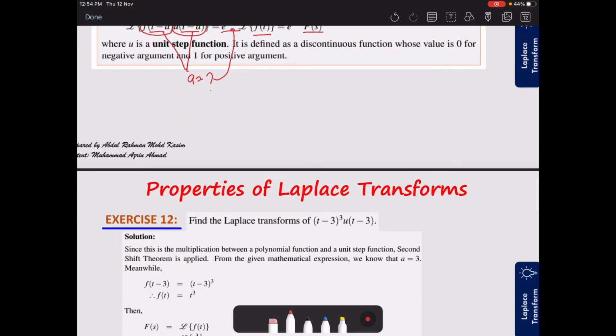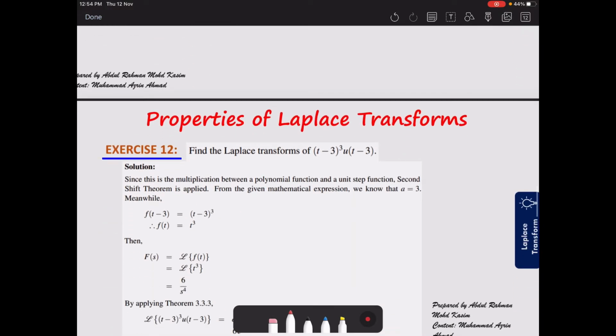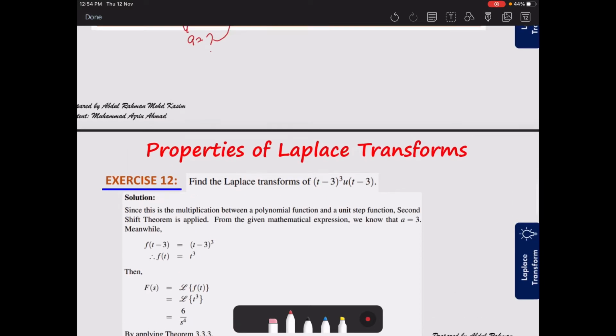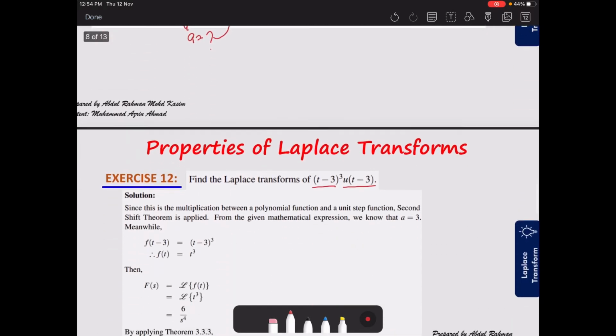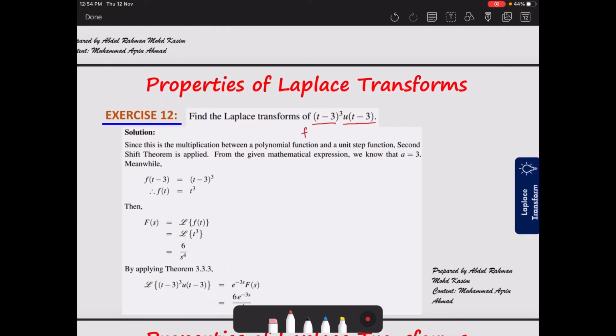So now let's go to an example. If you have one function, and that function is the unit step function, you have this one and this one. We call this one f(t minus a), and here is u(t minus a). Look at the element inside here.